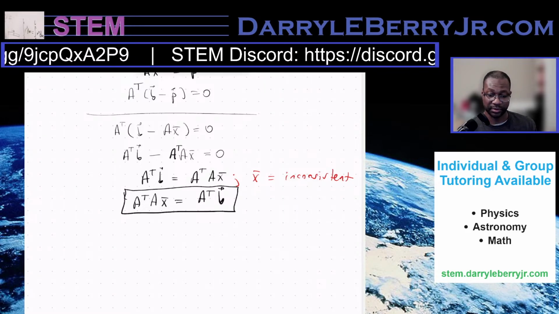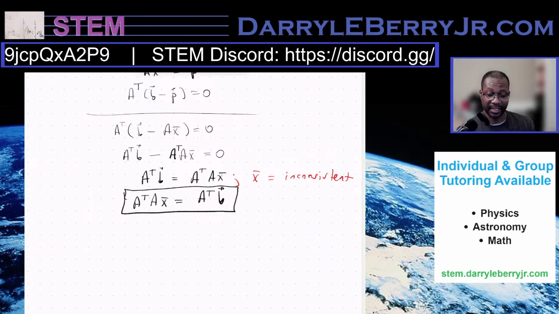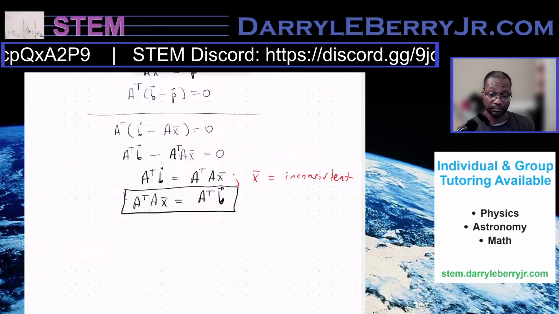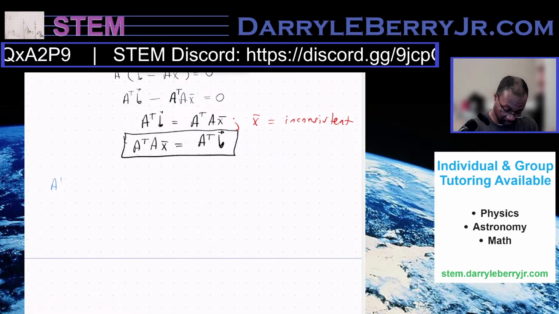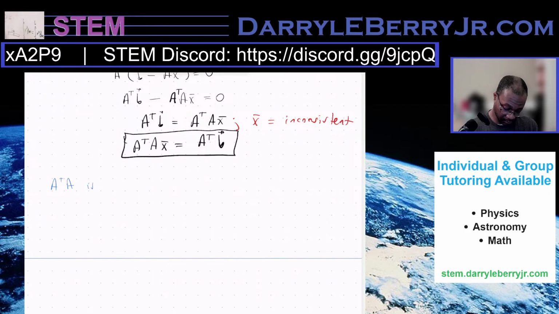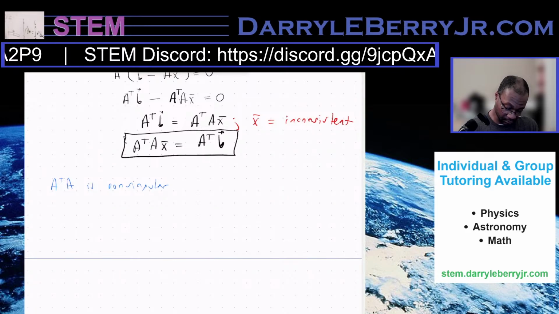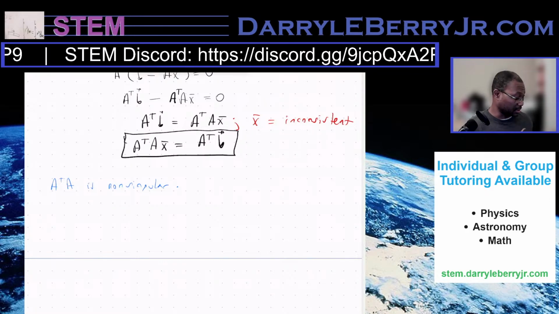Since by construction, the rank of A is n, we claim that A transpose A is non-singular. And let me remind myself of the definitions of singular, non-singular.